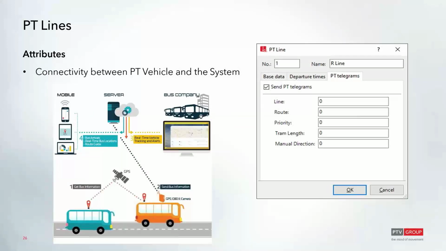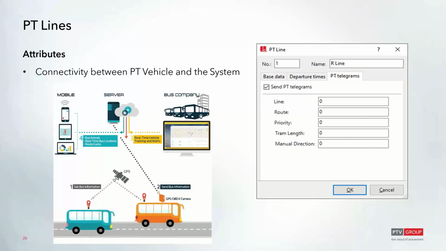And then on the final tab here, this is for the PT telegram. This is really where you can define different data that's going to be transmitted between the PT vehicle and different control procedures. So within Vissim, this communication really occurs whenever a vehicle passes a PT calling point that gets set up on the detectors themselves.